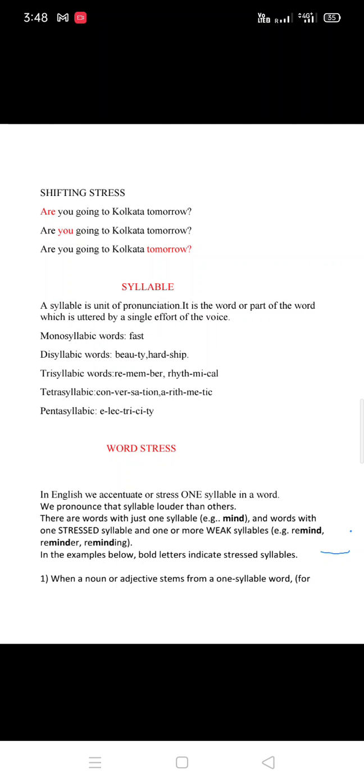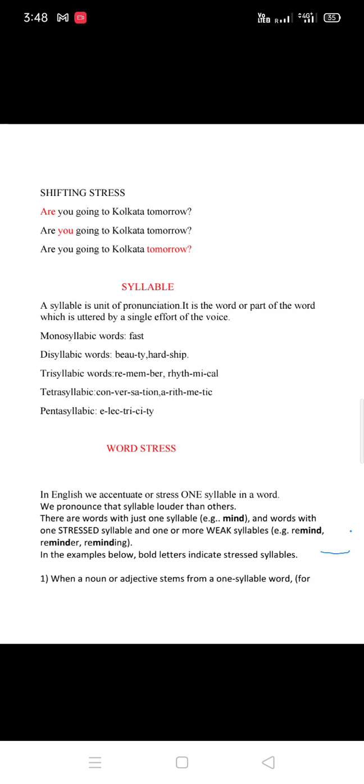Okay, electricity, electricity, here five syllable. So you have to just identify how many syllables are there in a word, and you will be able to divide the word into syllables if you identify how many units of pronunciation are there.